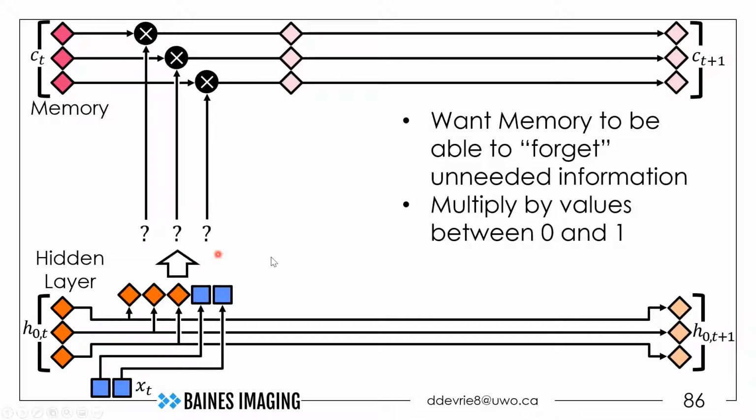So what we can do is take these hidden layer and input values and make a copy of them that are just sitting here ready to be used. And we could somehow inform the values that should go into these question marks to be multiplied to either remember or forget. And, because we're working with neural networks, the best way to do that is to just plumb in a little neural network like this.